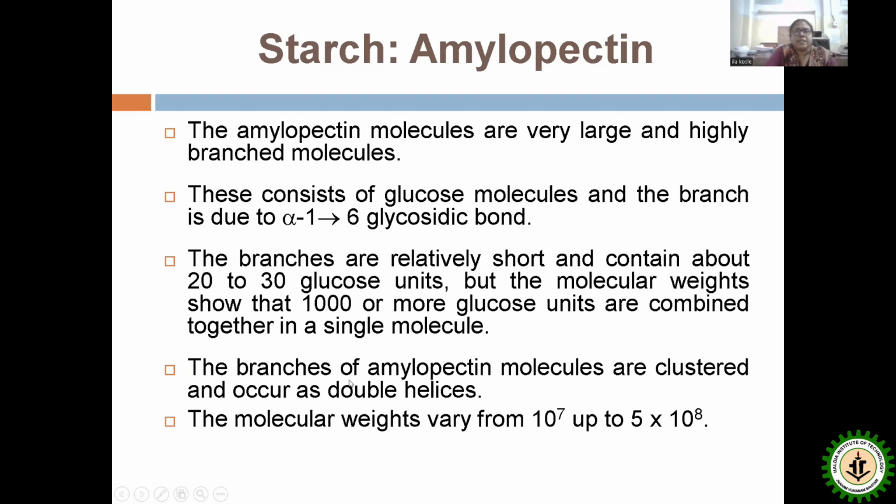Now, the branches of amylopectin molecules are clustered and they occur as double helix. The molecular weight usually varies from 5 times 10 to the power 8, and you can find it is much higher than the amylose molecule, as amylopectin contains more glucose units.